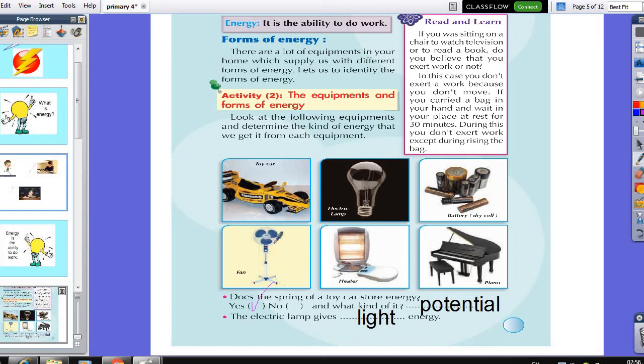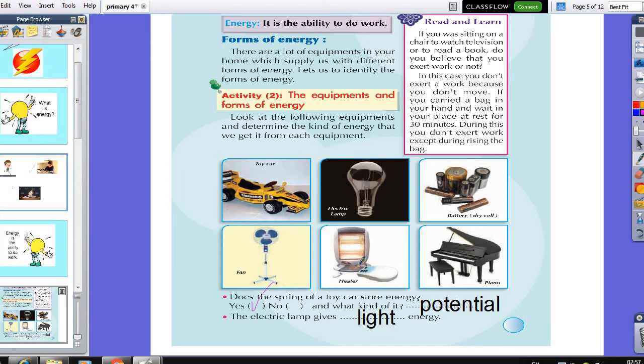The electric fan, of course we know that the fan moves when you switch on the key of the electricity. So here it is electric energy, and the fan will move. So here we have kinetic energy. So in the fan, electric energy changes into kinetic energy.